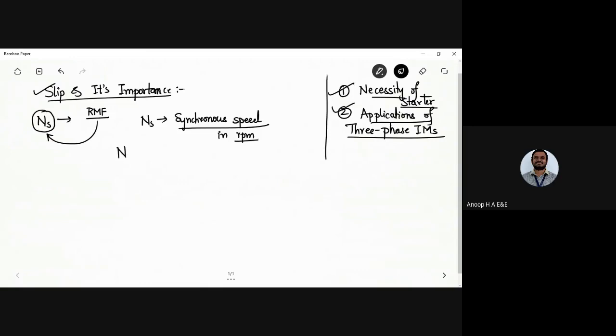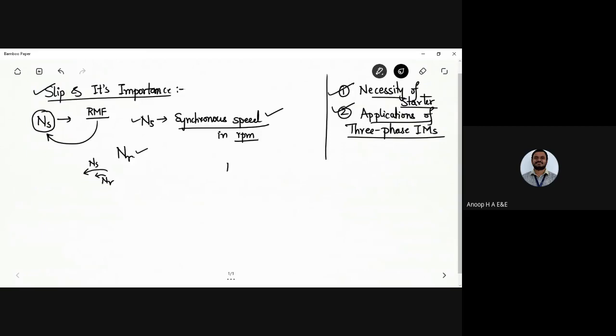Now, when the stator is energized, we have the rotating magnetic field with a synchronous speed of NS in RPM. I also have the rotor speed, which I call NR. Now you see that I have NS and NR.